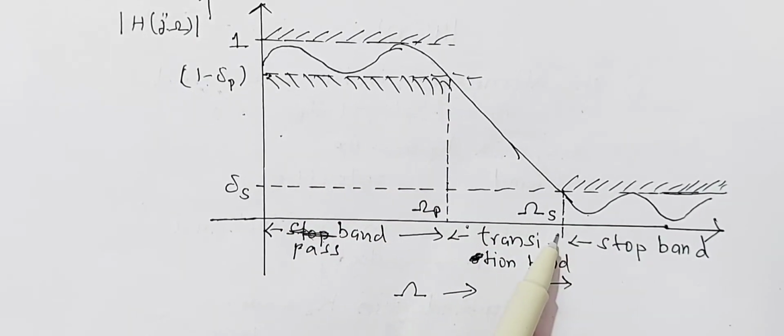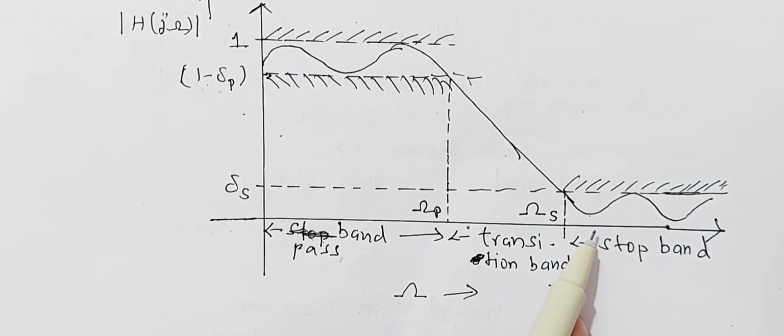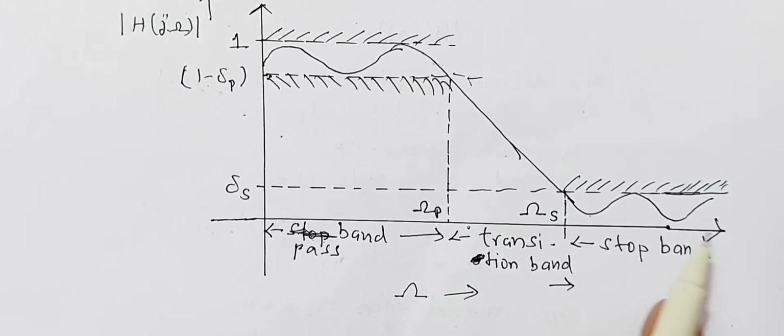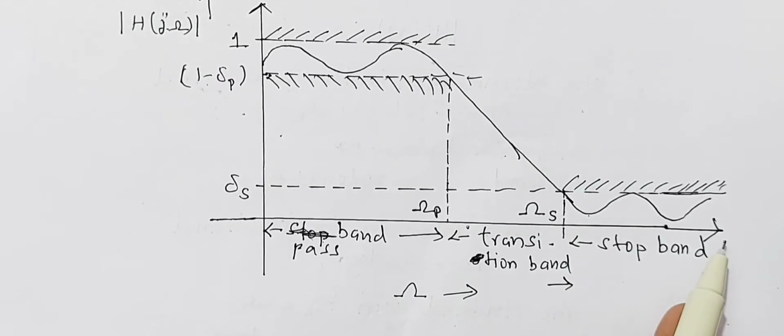After the transition band, that is after the frequency omega s, the stop band frequency, output is stopped. You won't get output even if the input frequency is present. That is, output is stopped. Therefore, this is called the stop band.